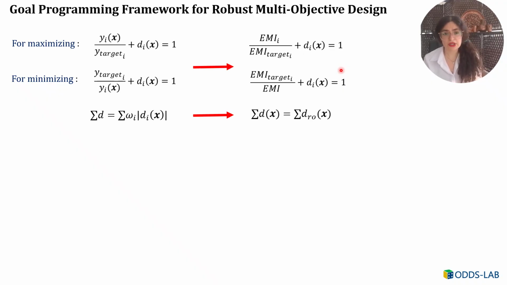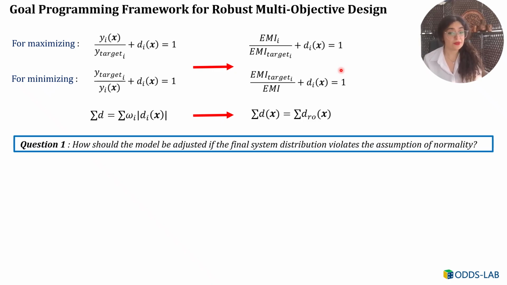The literature related to compromised decision support, CDSP, has well studied this dilemma. However, there is a question here for us. In the classic definition of EMI, the assumption for CDSP is that the output distributions follow normality. But we know that in many real practical cases, they deviate from normality.